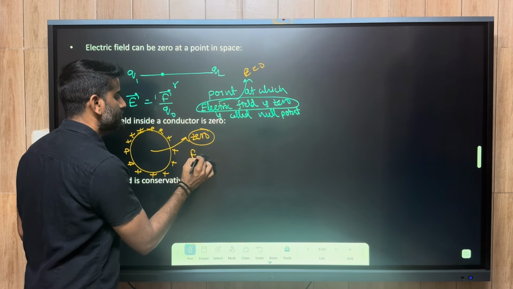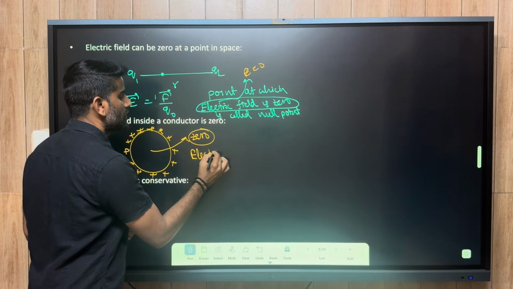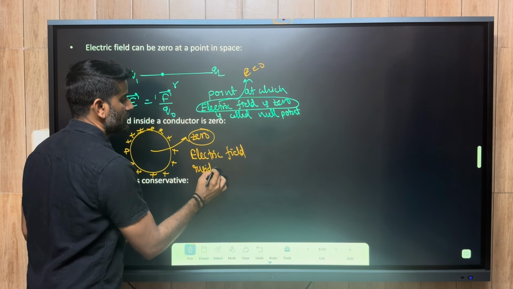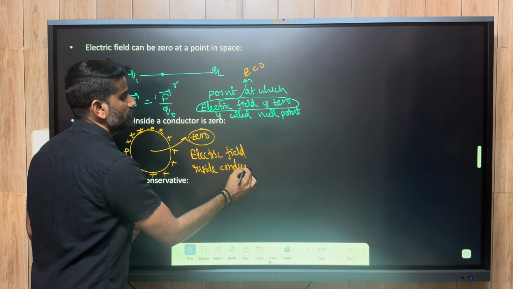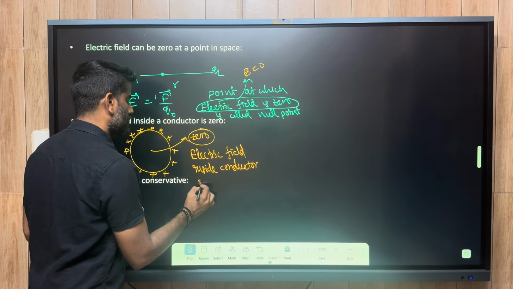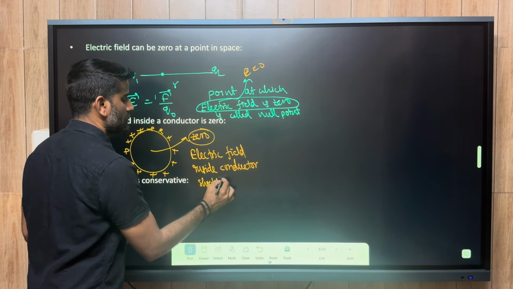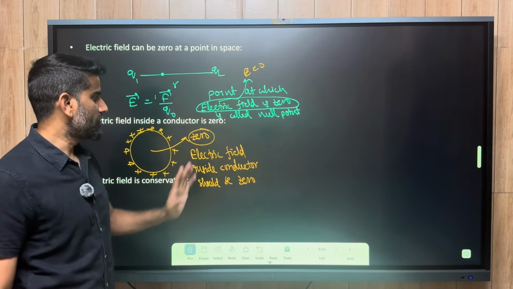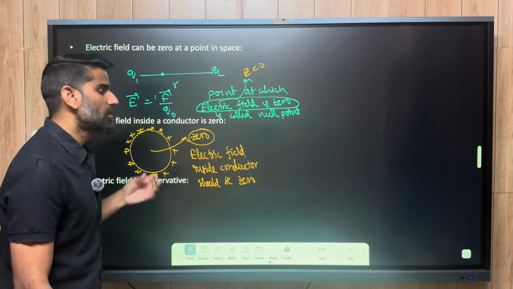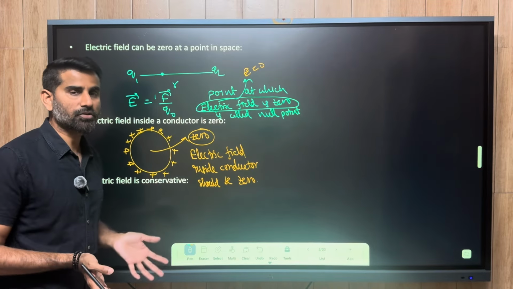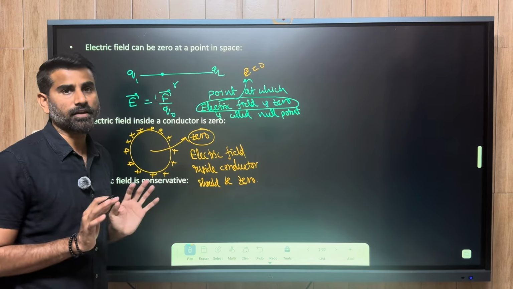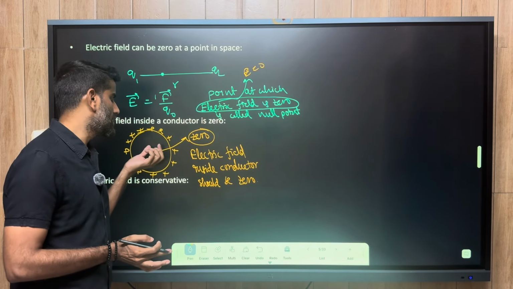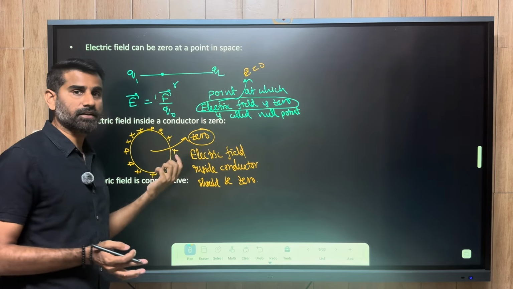Thereby the electric field inside the conductor should be zero, since charges always redistribute on the surface of the conductor, not inside.